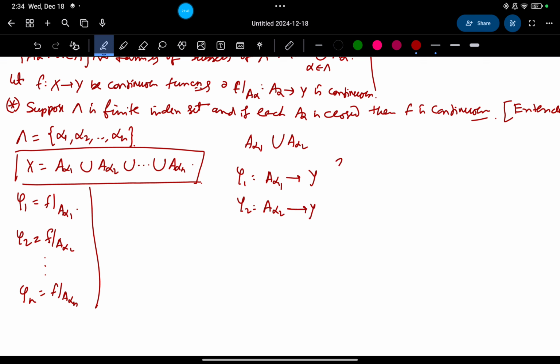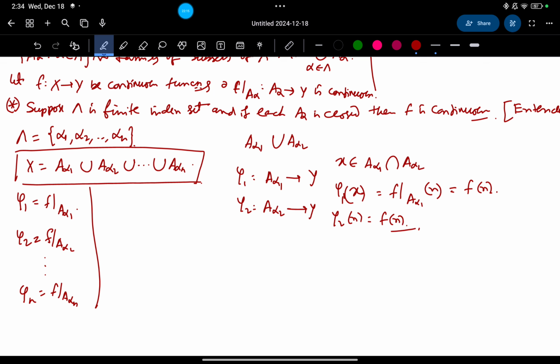Suppose small x belongs to A alpha 1 intersection A alpha 2. So phi 1 of x is nothing but f restricted to A alpha 1 of x, which is of course f of x. Similarly phi 2 of x is f of x as well, because f is a fixed function.